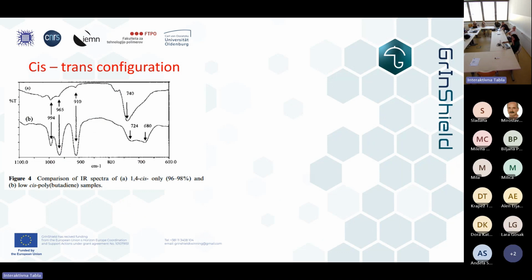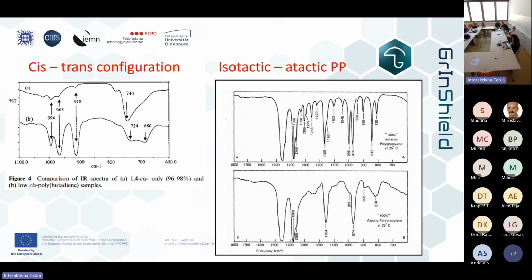Cis and trans configuration. This A is mostly cis, and this is low cis polybutadiene. So it's quite a big difference between the infrared spectra, and we can see what it is.